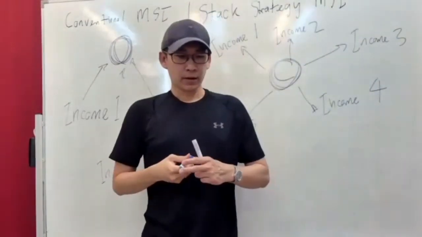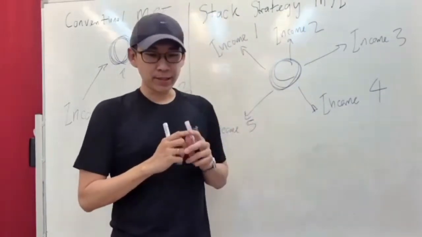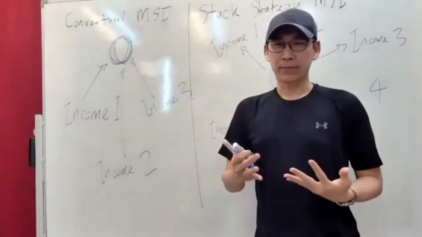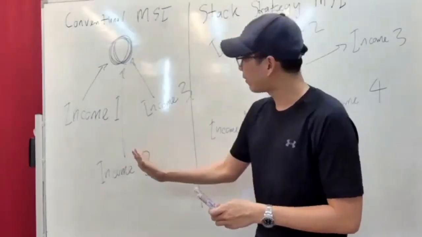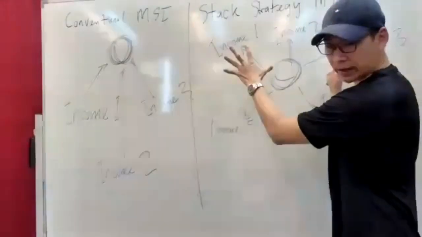Now, in this concept, you will see that the arrow is the other way around. The arrow is not this goes here. The arrow is this goes to all of that.